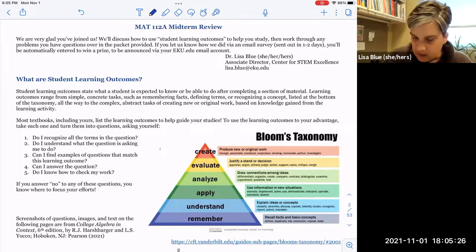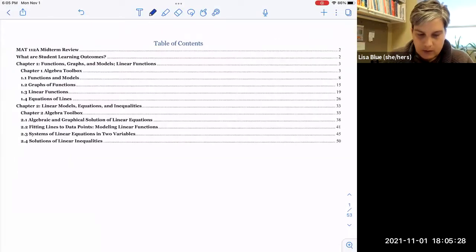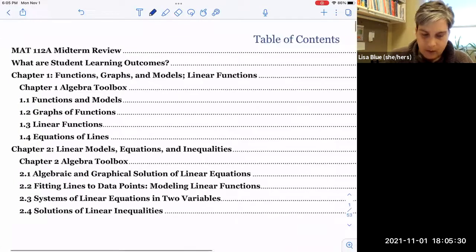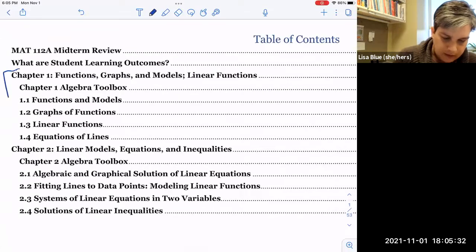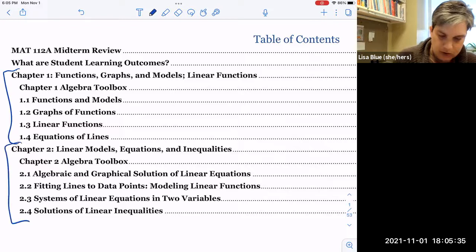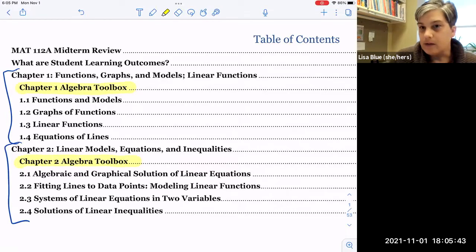And in this session, according to your instructors, this midterm is going to cover chapter 1 and chapter 2 from your textbook. Now, it's important to realize that these algebra toolbox modules, while they're not going to test over those explicitly, it's expected that you understand the material in those toolboxes.